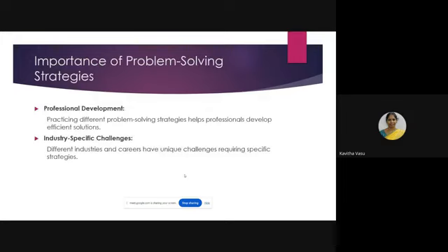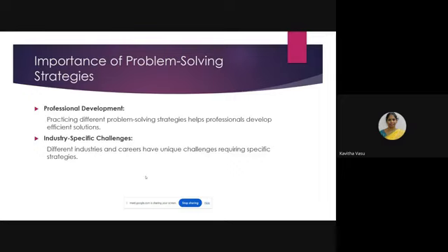Then next is the importance of problem-solving strategy. Why mastering problem-solving strategy is important, especially in professional settings. First, we have to think there are two aspects here. One is professional development and the other is industry-specific challenges.